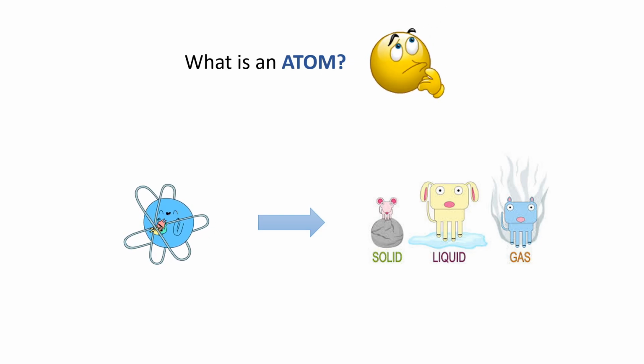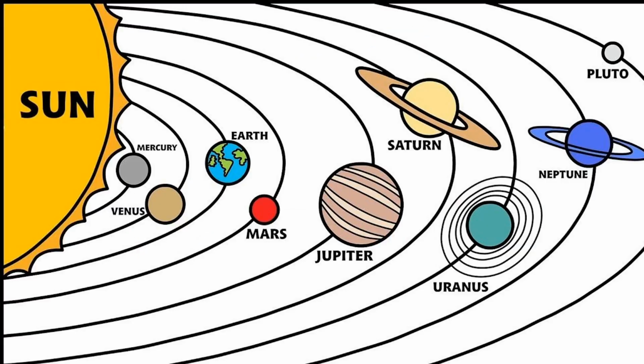Now let's see the structure of the smallest part, that is an atom, in more detail. The structure of an atom is very similar to the structure of our solar system. Like in our solar system, we have a sun in between, and many planets revolving around the sun in a fixed orbit.